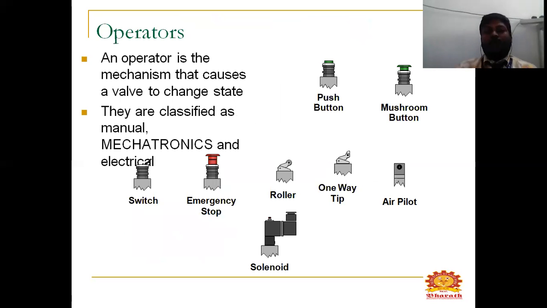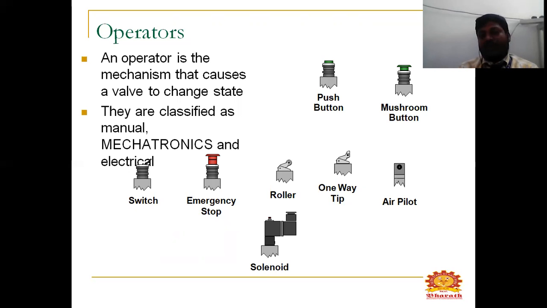Next one is the operator. If you are having any directional control valves or pressure regulator valves, mainly in a directional control valve, an operator is a mechanism that causes a valve to change state. They are classified as manual, mechanical and electrical, and here we will be having a push button.